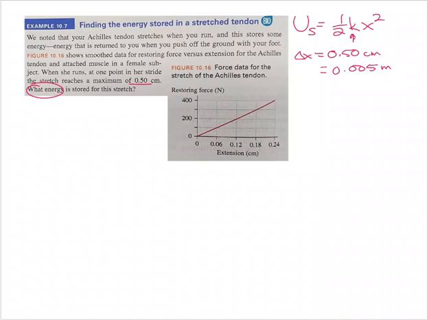So when her maximum force is at what was it, 0.5? What is the k? Do you remember? A constant. It is a constant. It is easily calculated using this graph. Do you know what it is? It's the rise over run. It's the slope. Yeah. That's what I was trying to say. I just couldn't say it.